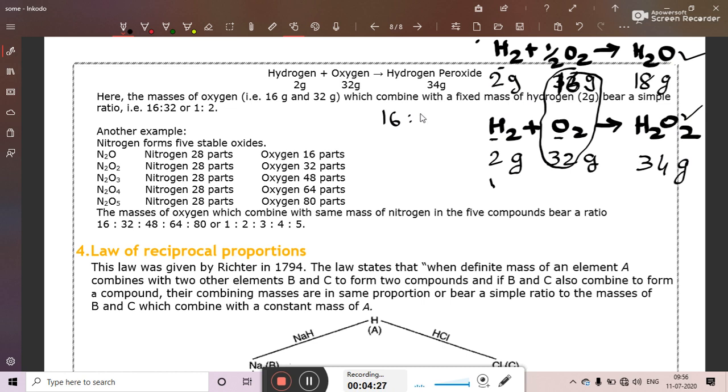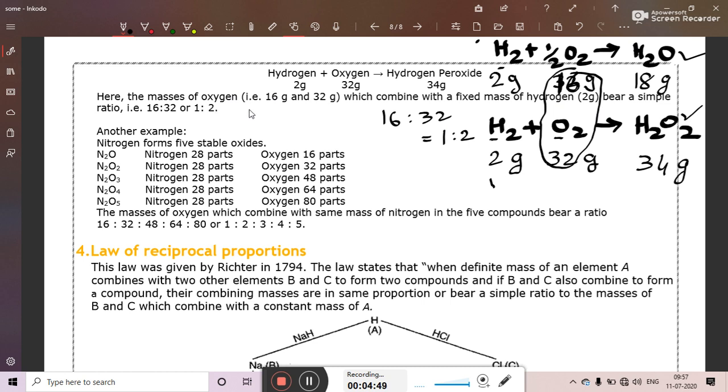That is 16 is to 32, so that becomes 1 is to 2. So here the masses of oxygen, that is 16 gram and 32 gram, which combined with a fixed mass of hydrogen, which is 2 gram, bear a simple ratio, that is 16 is to 32 or 1 is to 2.